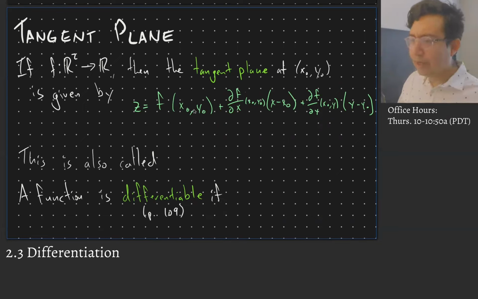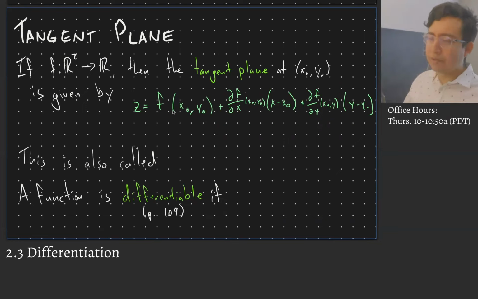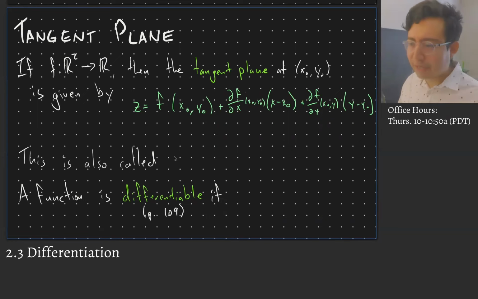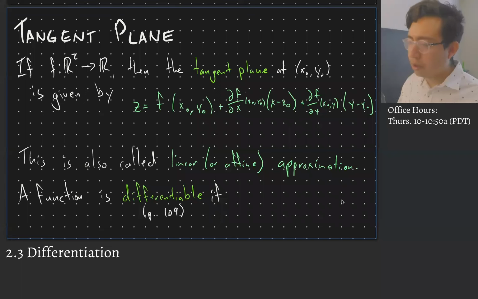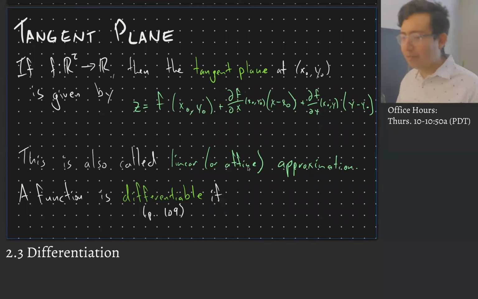Now, there are some other names for this. This is sometimes called the linear or affine approximation. Affine is technically the more correct term, but I feel like it's used less commonly. Linear makes sense because it's basically a first order approximation of your function near this point.